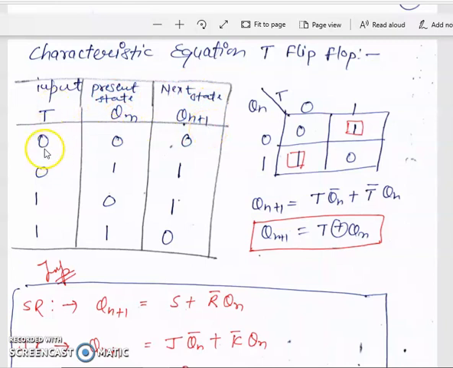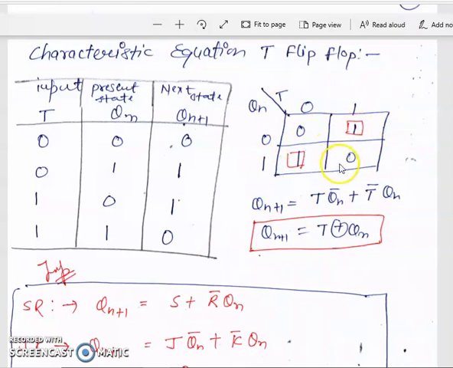The present state may be 0 or 1, similarly 0 1 0 1. The output of T is obtained using the JK flip-flop. When T is 0, the output is the present state Q. Whenever T is 1, it toggles Q: if it is 0 the output is 1, and if it is 1 the output is 0. That is the toggle, because the T flip-flop is constructed using the JK flip-flop.